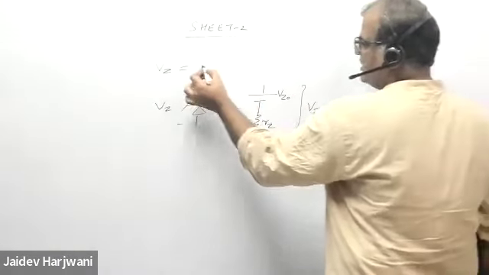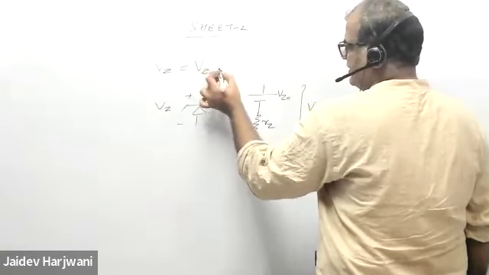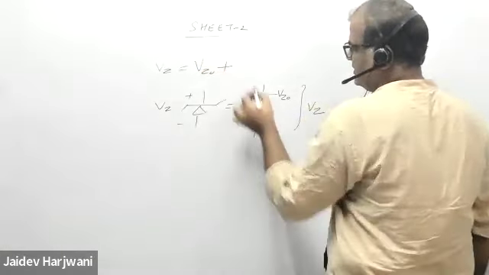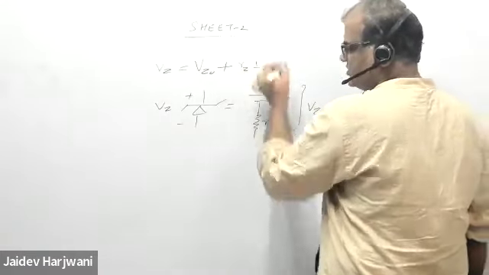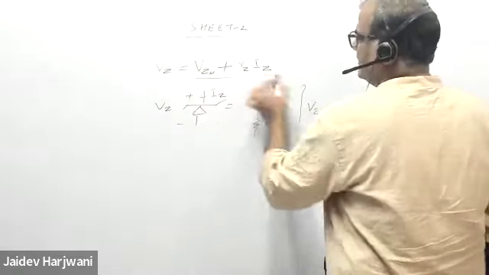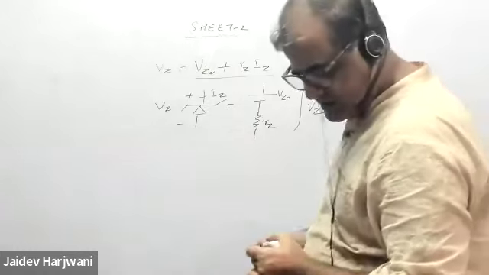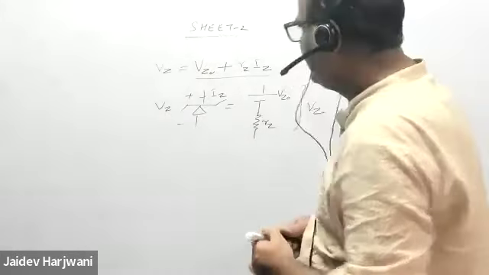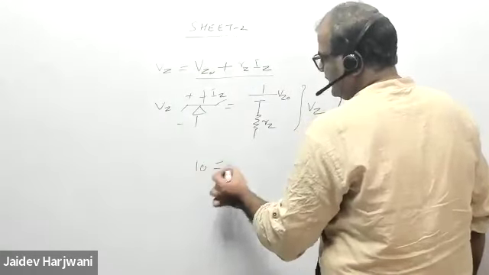So I can write VZ is equal to VZ0, which is a fixed battery, plus RZ into IZ, where IZ is the current flowing through the Zener diode in reverse bias. Now the question says this is 10 volt at 10 milliampere. So VZ is given as 10 volt.